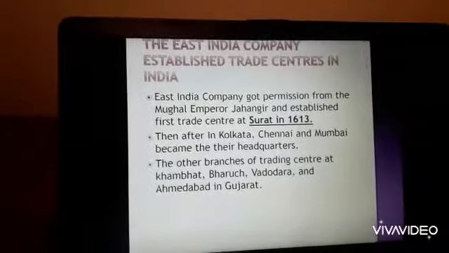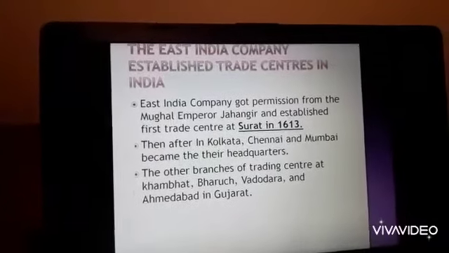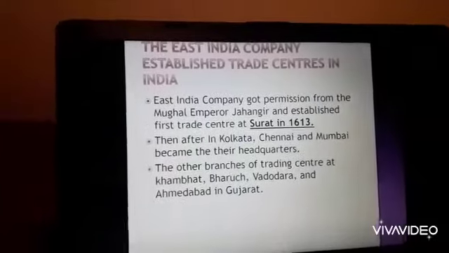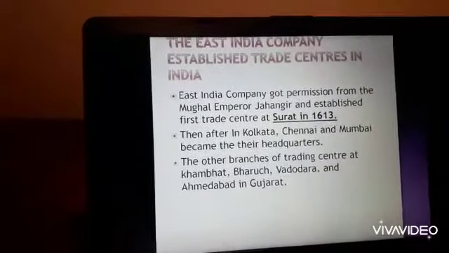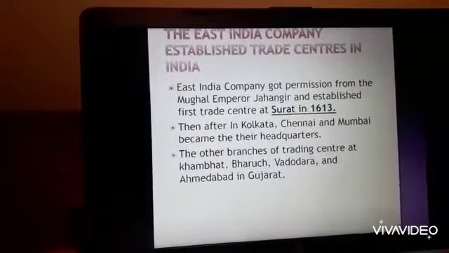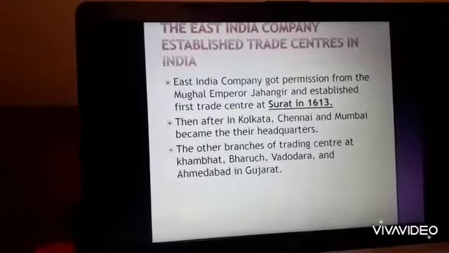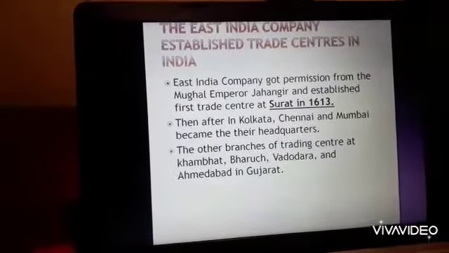The next topic is the East India Company established trade centers in India. The East India Company got permission from the Mughal Emperor Jahangir and established its first trade center at Surat in 1613.